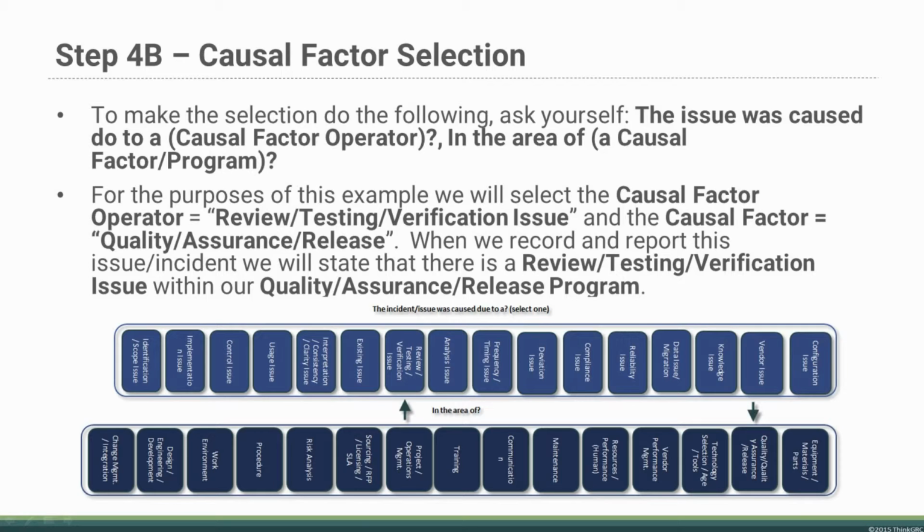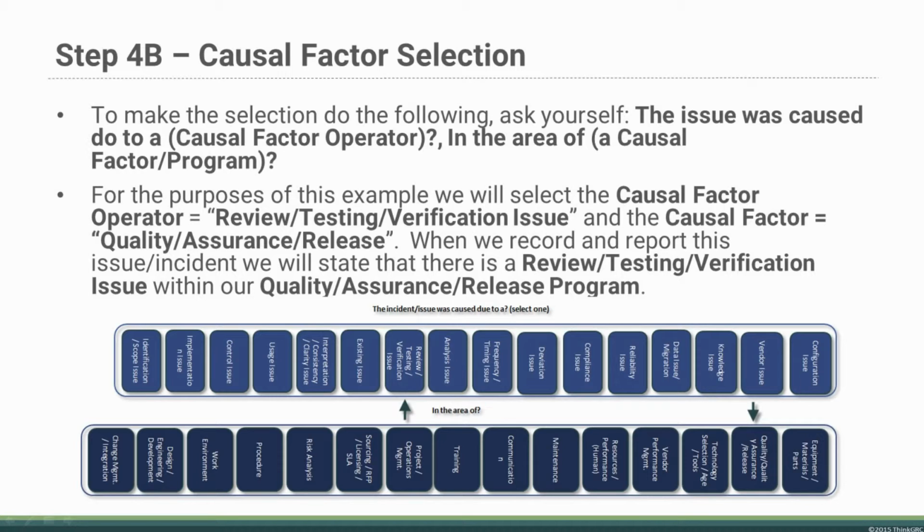Keeping the incident and dependency in mind, we will make our causal factor selection. To make the selection, ask yourself, the incident was caused due to a causal factor operator in the area of a causal factor, also known as a program.